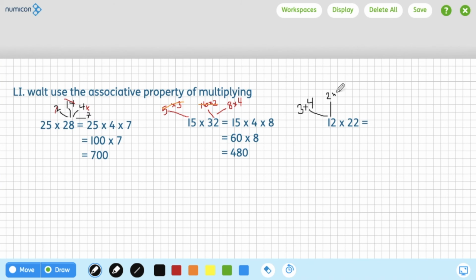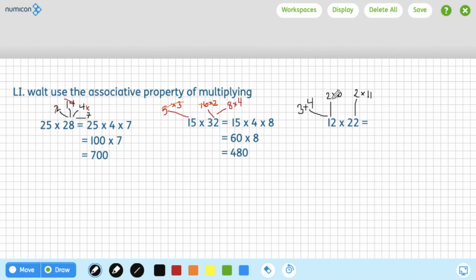Okay, and then 22, we really only have 2 times 11. What to do, what to do. Now, if you're looking here, what we could do, and however you choose to solve it is how you choose to solve it.